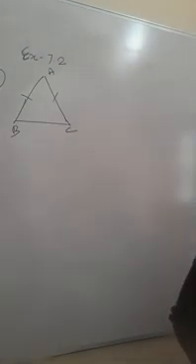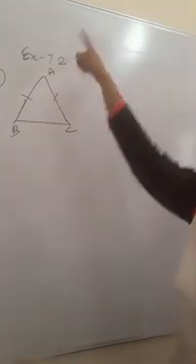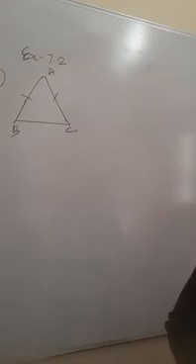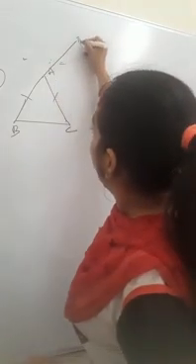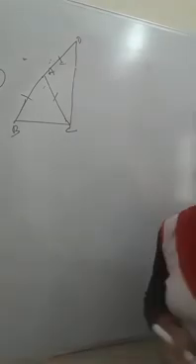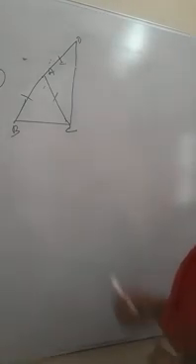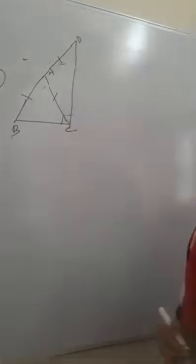Side BA is produced to D such that AD is equal to AB. This side is produced up to point D and this is joined. Now AB is equal to AD. We have to prove that triangle BCD is a right triangle, means this angle we want to prove 90 degrees.